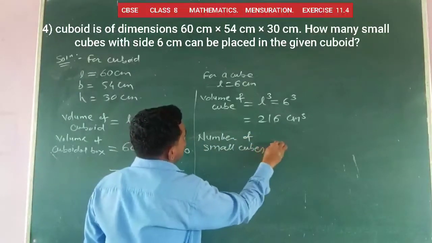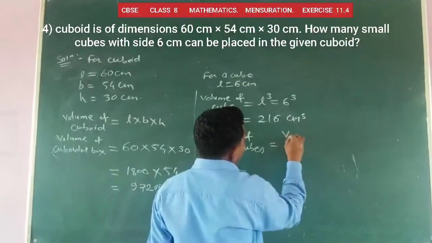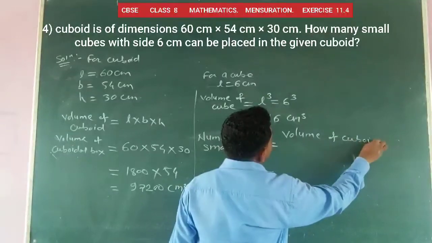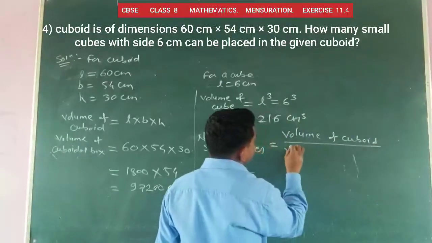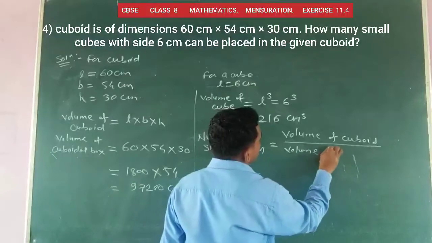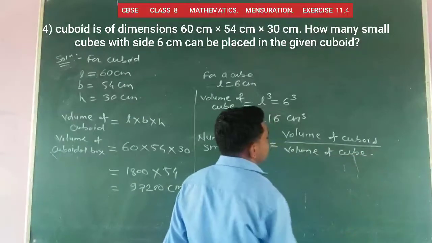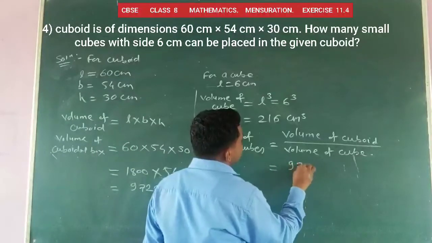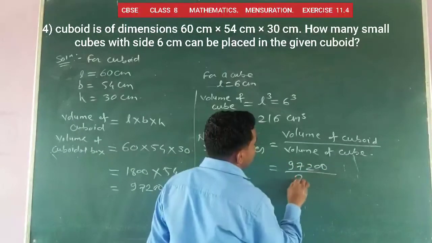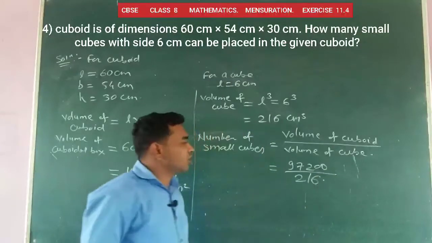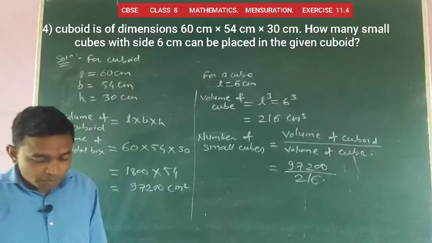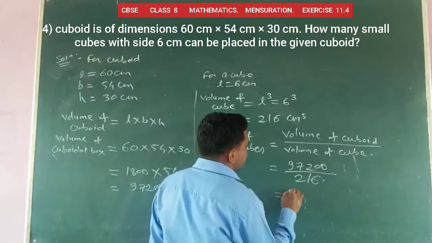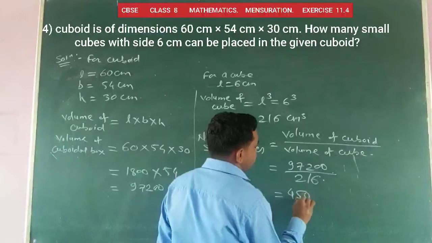Number of small cubes is equal to volume of cuboid divided by volume of cube. So volume of cuboid is 97,200 upon 216. After making this division, you get the answer 45.